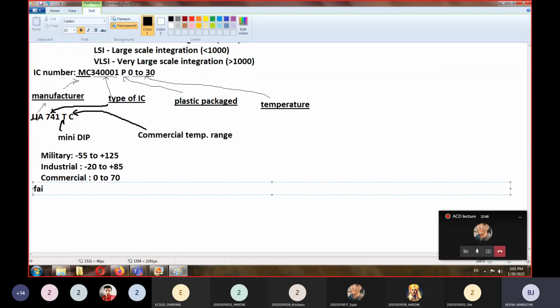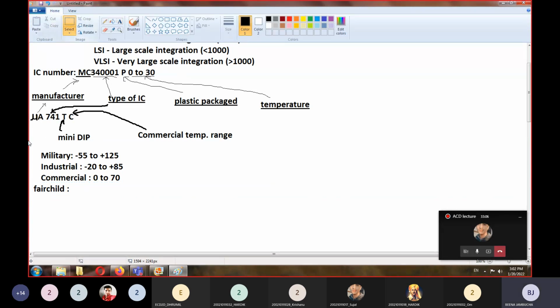What is written here, mu A, does not mean microampere, but it is the Fairchild company's identification. Fairchild has developed this. So from mu A we can tell, okay, this is manufactured by Fairchild.